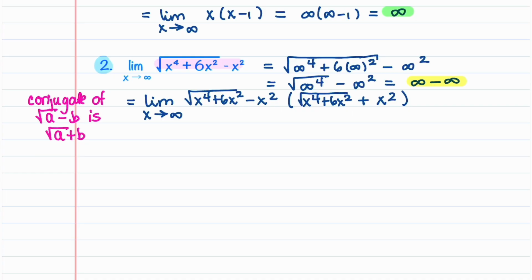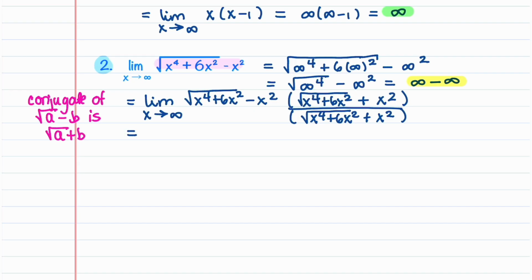Now, this is really important. We can't change the limit. So if we multiply by the conjugate, we also have to divide by that same thing: the square root of x to the fourth plus 6x squared plus x squared. Doing it this way, it's like multiplying by 1, and we don't change the problem.